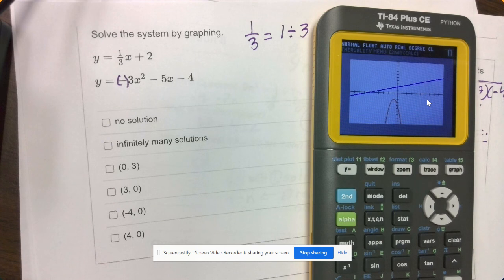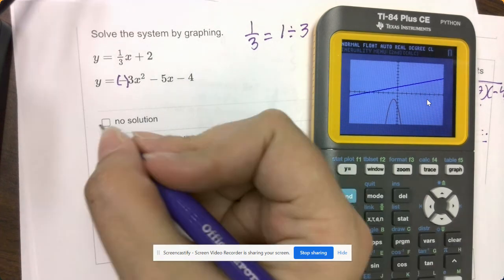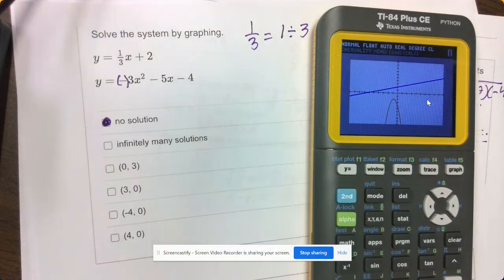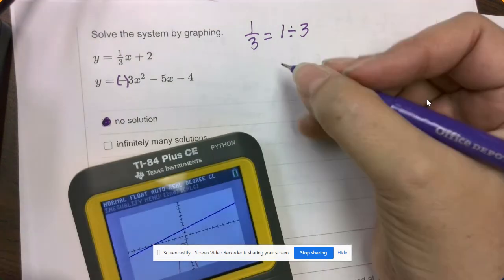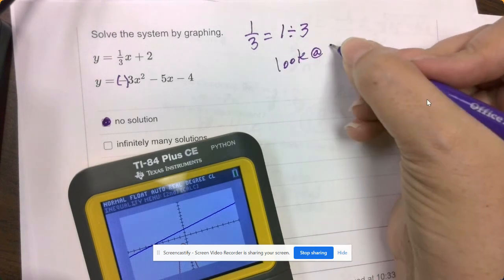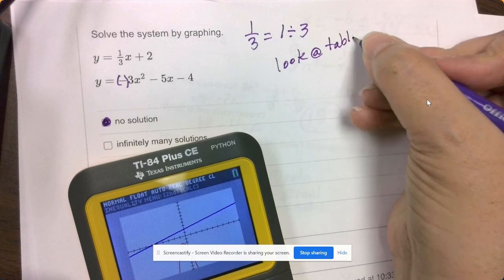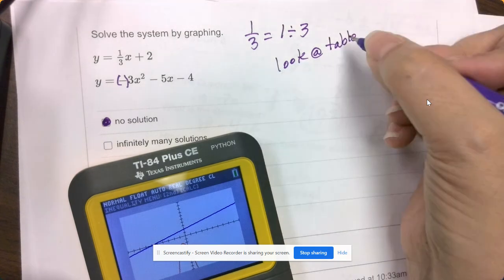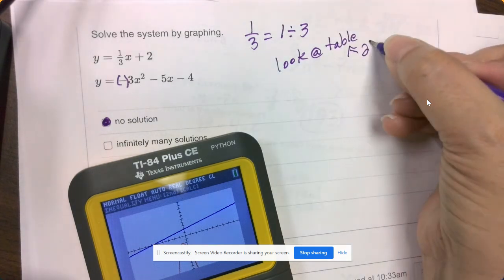Okay, this one, everybody, doesn't intersect at all. That's easy, no solution. Okay. If it did intersect, everybody, you would want to look at the table. Okay, so remember, go second y equals for that.